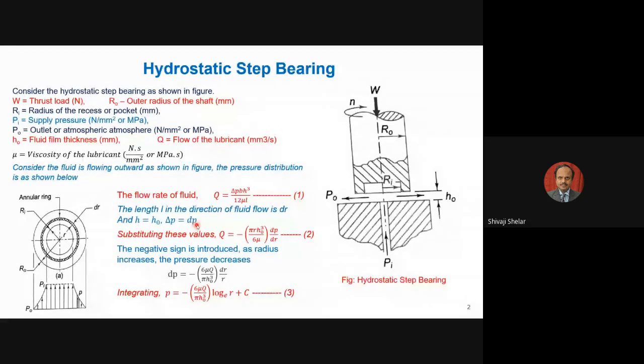Now we are going to put these values in our standard equation 1. Delta P will be put as dP. B will be determined and put there. The value of B is the peripheral length of this elemental distance, so that will be 2 pi r.